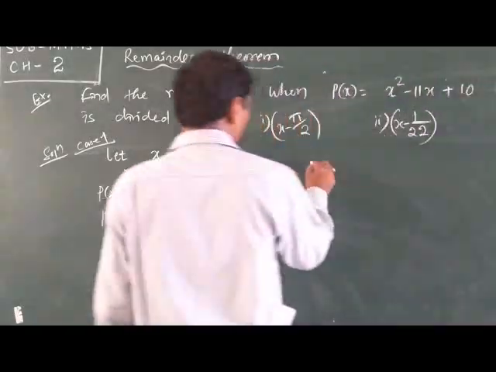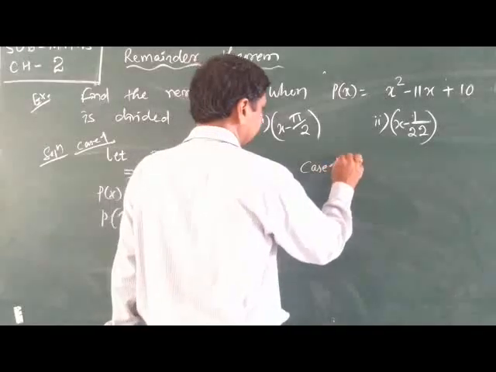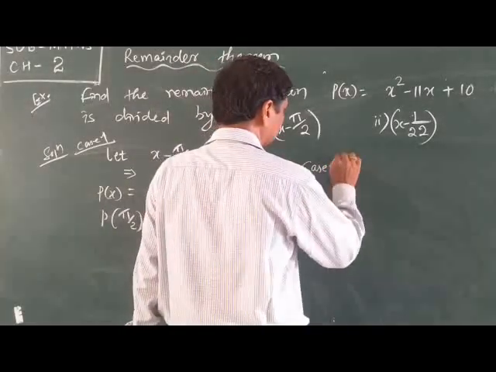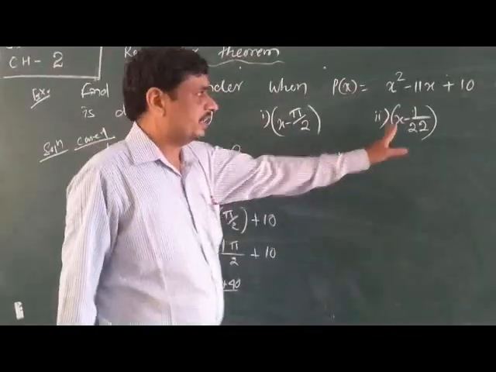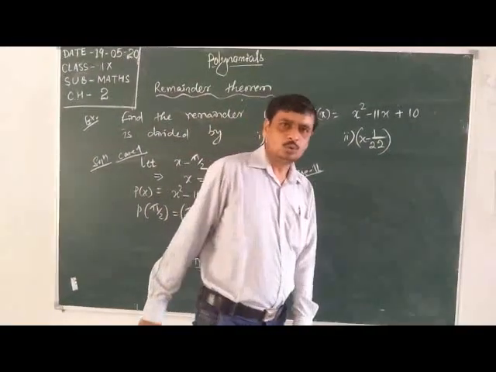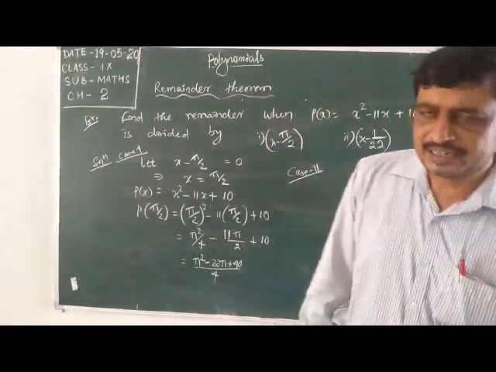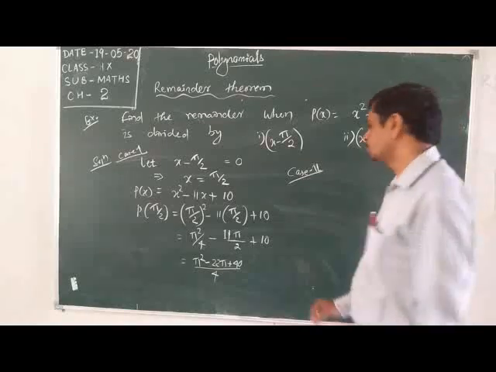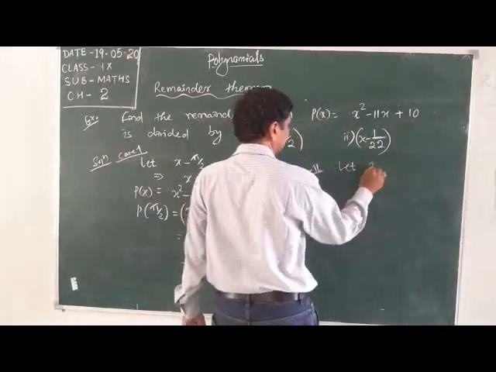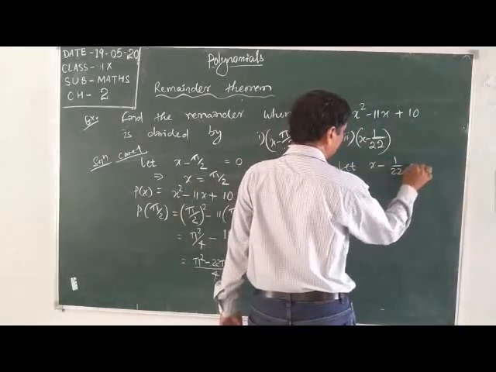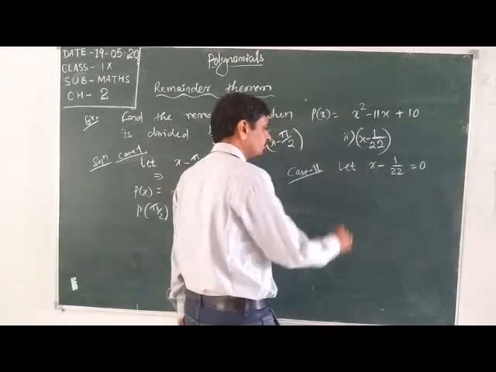In case 2, here we will equate x minus 1/22 with 0. Let x minus 1/22 is 0.